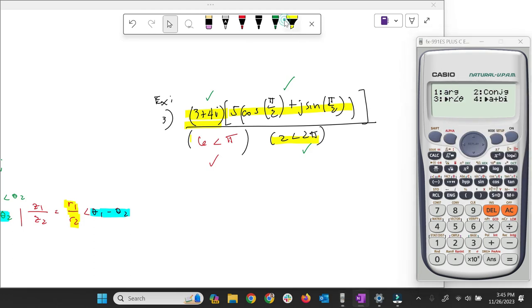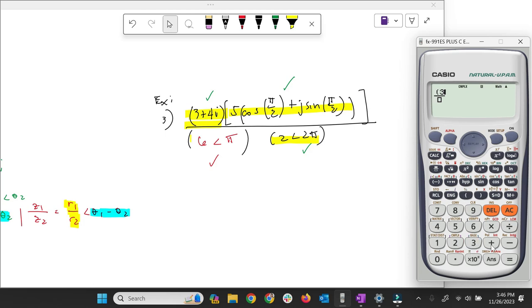Check mo yung given. Yung given mo ba ay naka-degrees? Check natin, ito ay naka-pi, ito ay naka-pi. So, meaning, hindi siya naka-degrees. Dapat naka-radians mode yung ating calculator. So, palitan lang natin. So, this will be in rad mode.